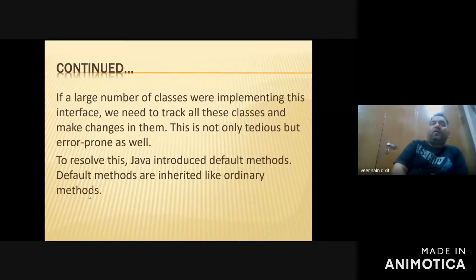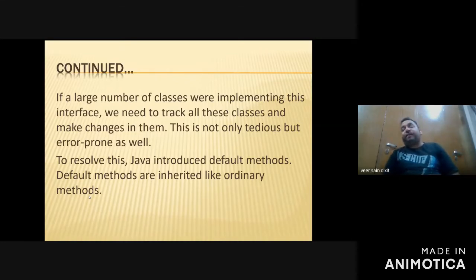Then what is the reason for default methods? What situation may arise when there is a need for default methods, which is against the nature of interfaces? Suppose there is an interface and a large number of classes are implementing it, then we need to track all these classes and make changes in them. This is not only tedious but error prone as well.